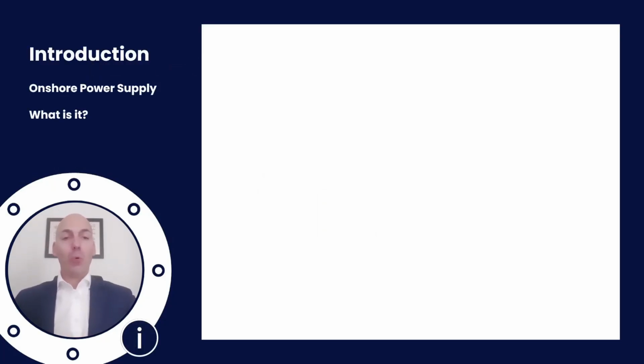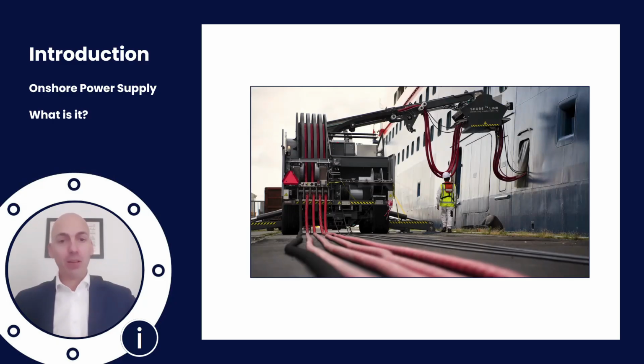What is it? Well, in brief, it is simply the following: bringing electricity from the shore to the ship. So it's grid-side electricity, and as you can see, we need sometimes quite elaborate machines or cable management system to get the power from the shore to the ship. But in all honesty, it is just that.